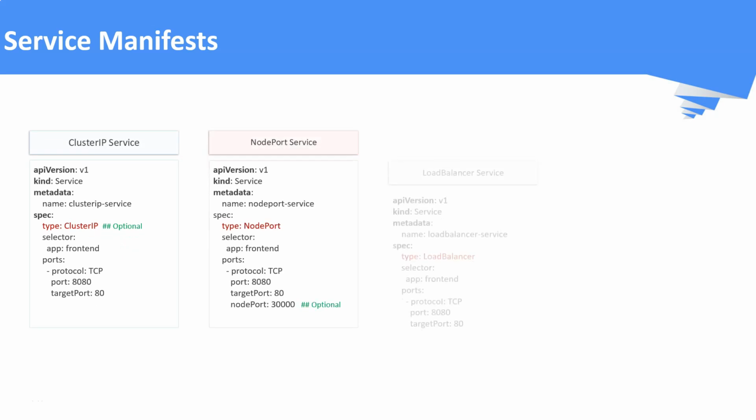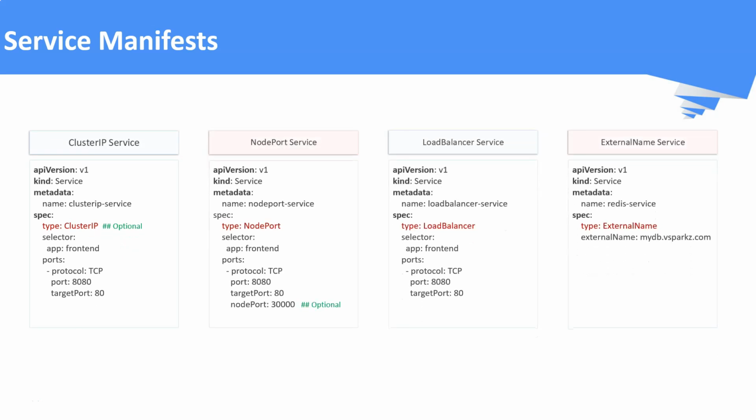Service manifests. Let us now compare the YAML manifest for different types of Kubernetes services. Here are the YAML manifests for ClusterIP Service, NodePort Service, LoadBalancer Service and ExternalName Service. Key differences between these services lie under the spec field of the service manifest.